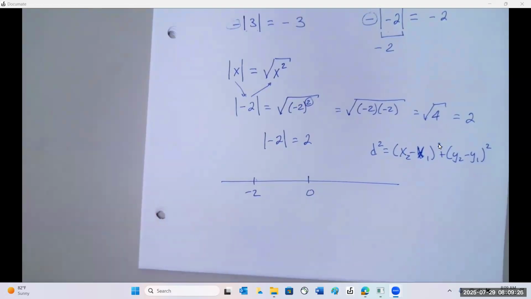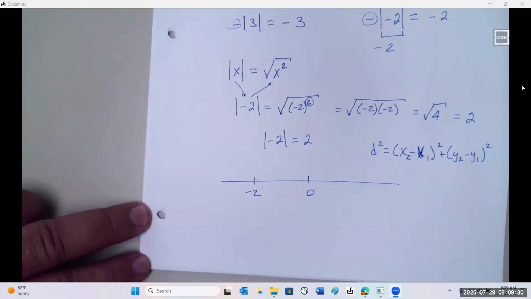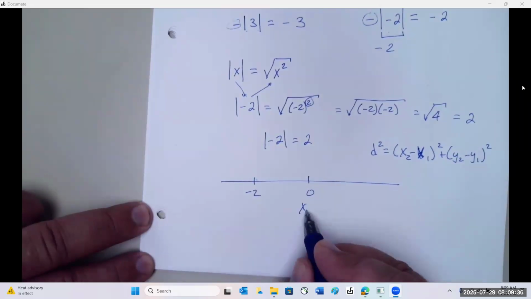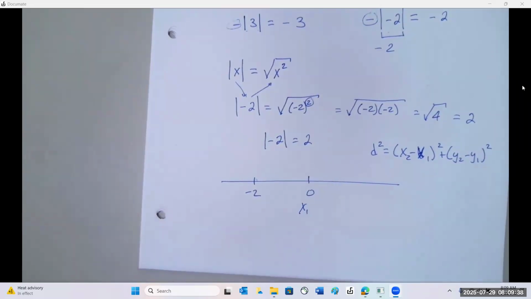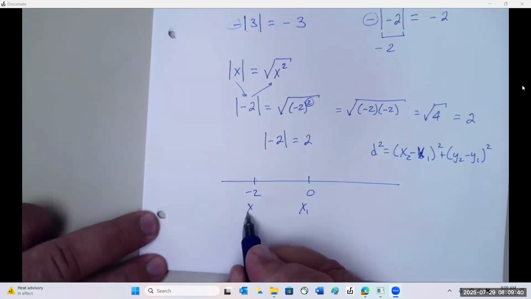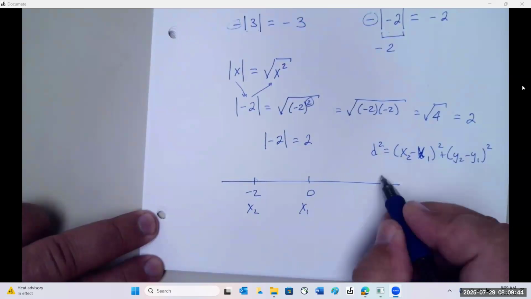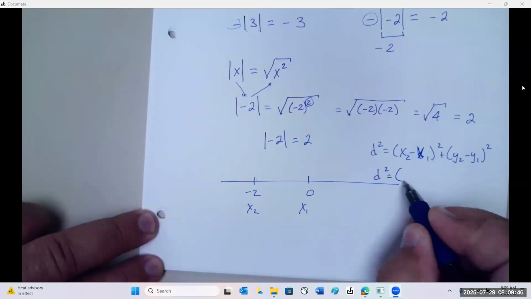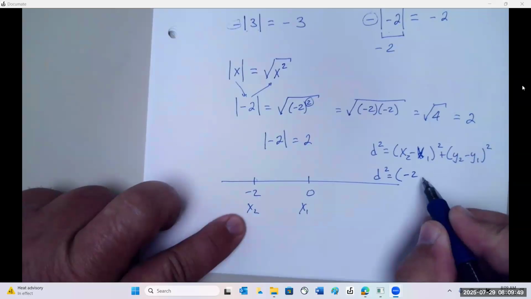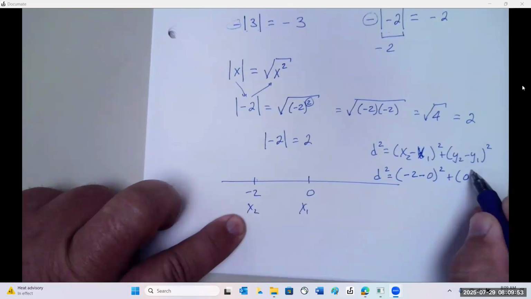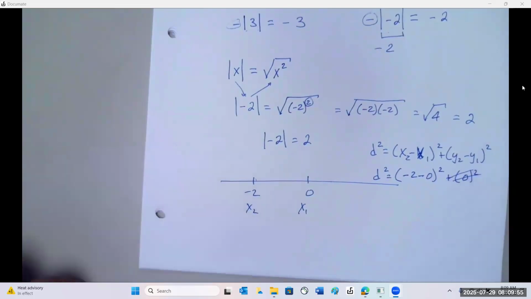That's the distance formula. But in our example, x1 is always what we start off with. It's 0. So this is x2. There is no y values. So we get negative 2 minus 0 squared plus 0 squared. There's no y value.